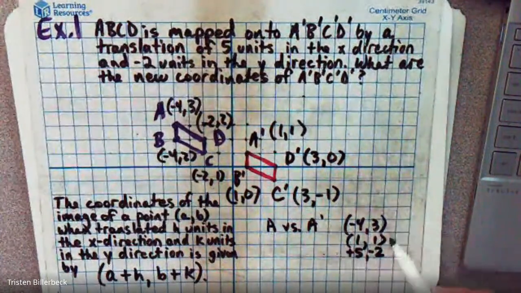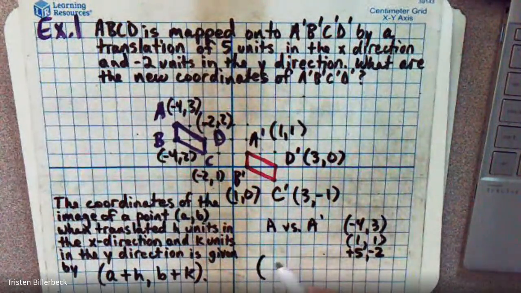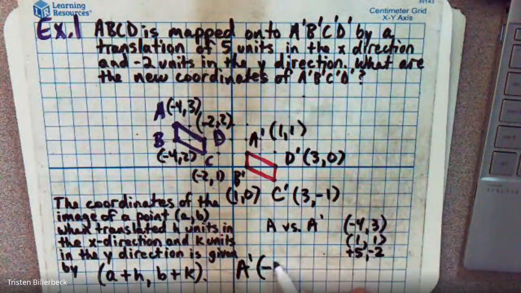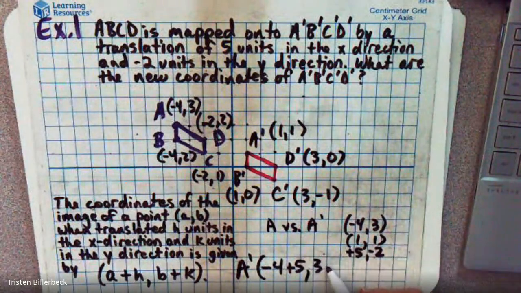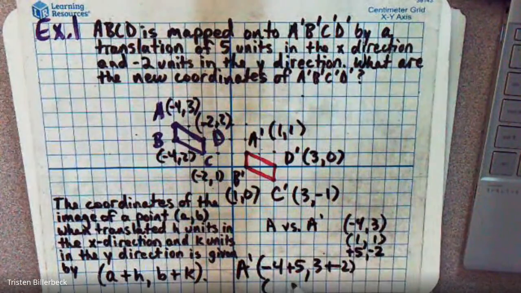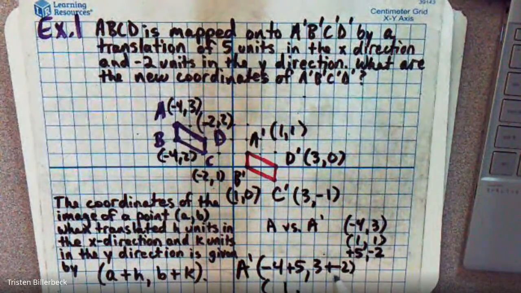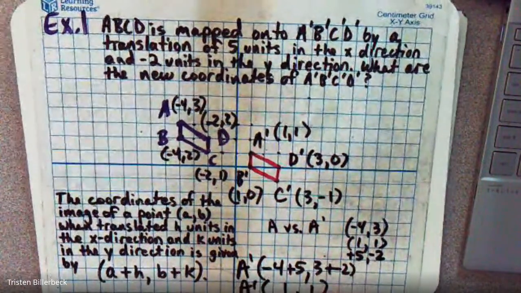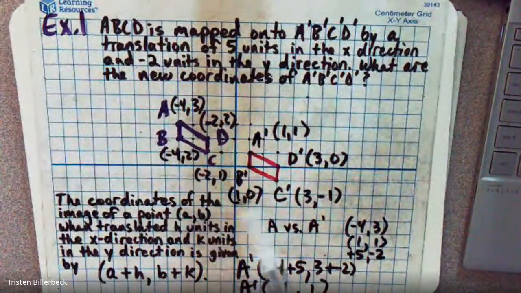If I was to make a rule, to get to A prime, I would say -4 plus 5 and 3 plus a -2, which gives me 1, 1. I could have done that for each one of these.